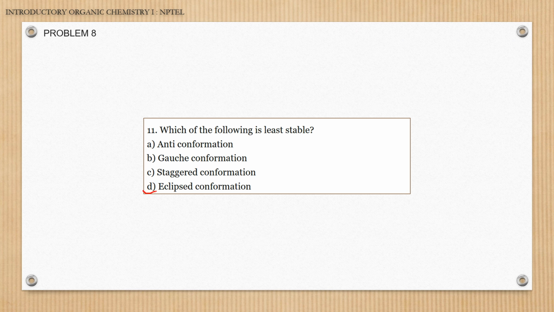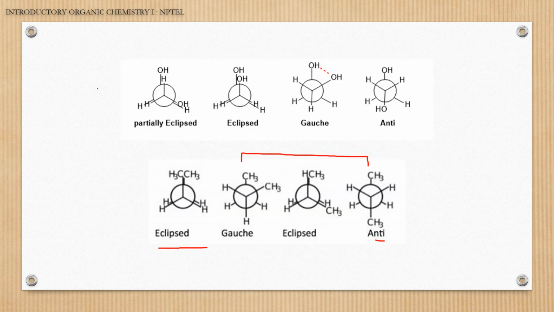See, I have purposely added this slide. If you are talking about dihydroxy alcohols, and I ask you which is the most stable conformation between Gauss and anti, can anyone tell me? Due to hydrogen bonding.